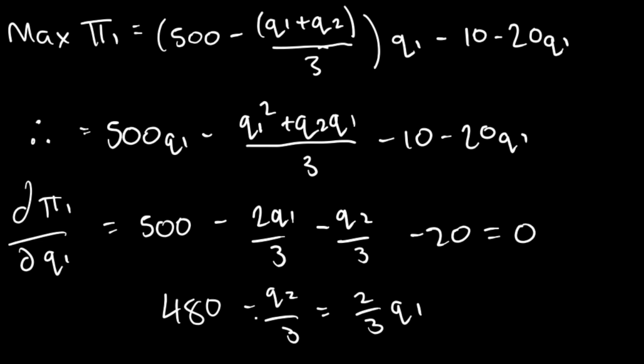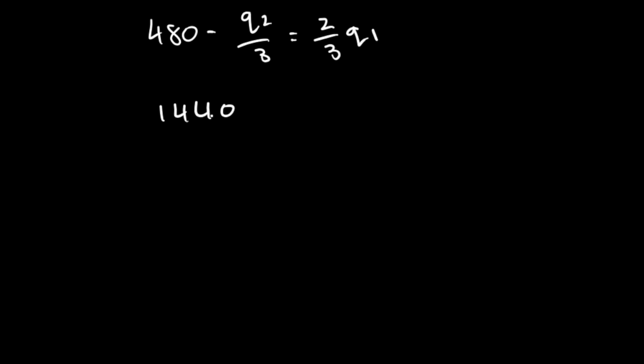Looking at this, we can multiply through by 3 to get rid of the denominator. So that's going to be 1,440 minus Q2 equals 2Q1.